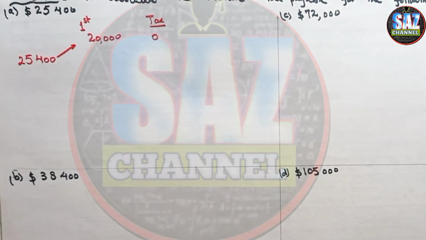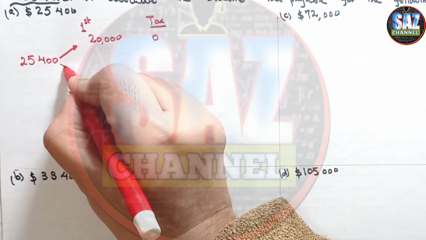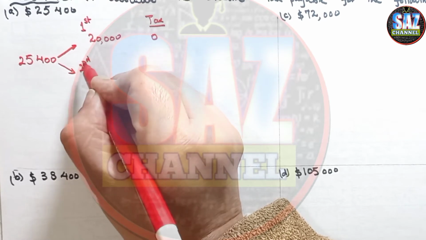Now taking away 20,000 from 25,400, I am left with 5,400 as the second portion of the amount.